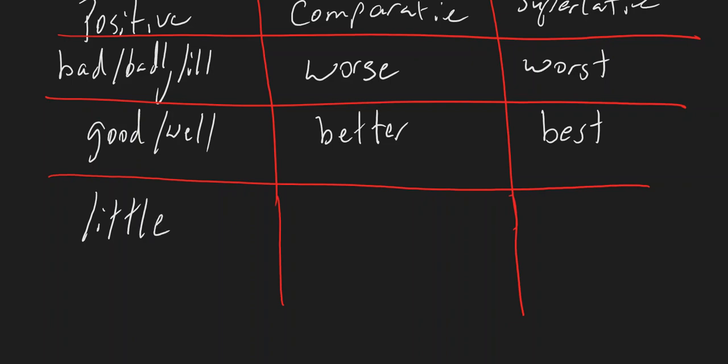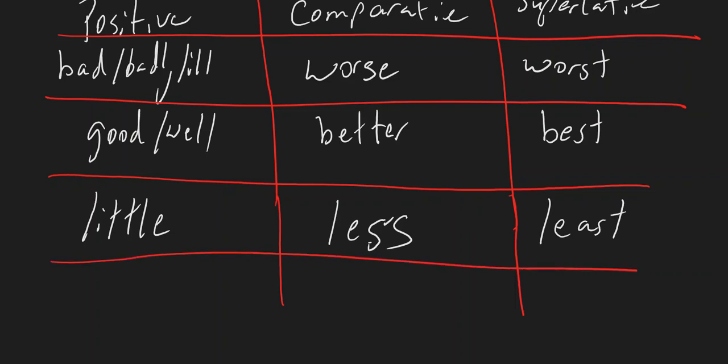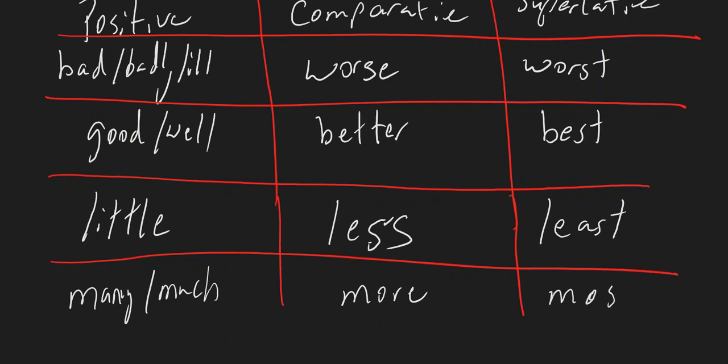The comparative is less when you compare two things, one less than the other. And when it's a superlative, we use the word least. And the last irregular comparison is many or much. The comparative is more and the superlative is most.